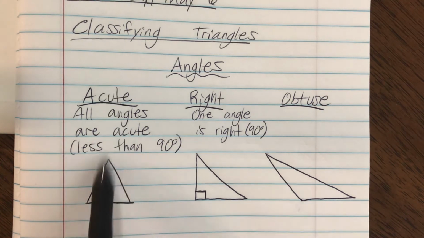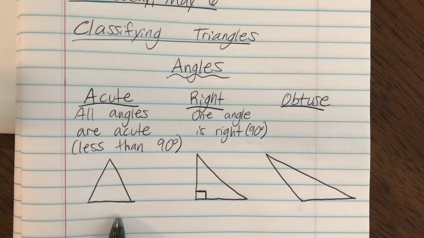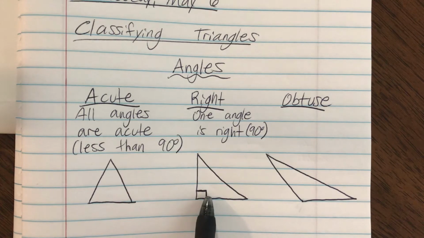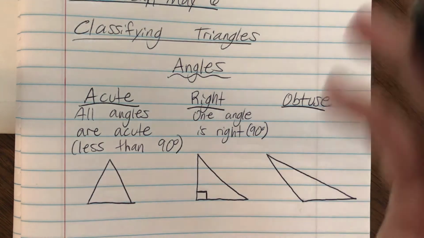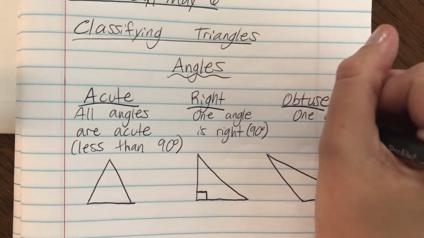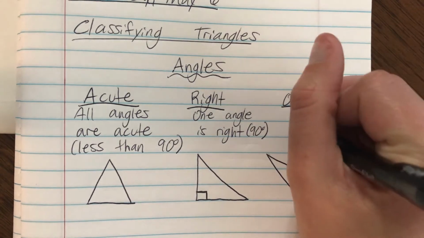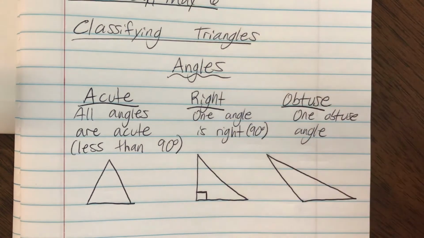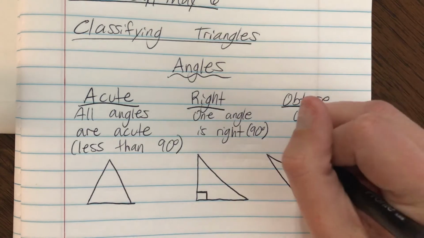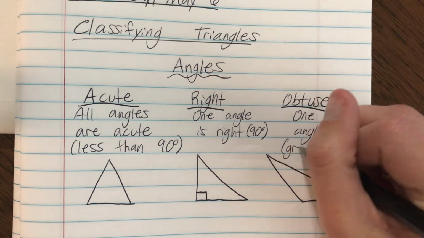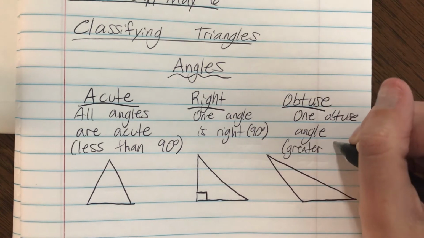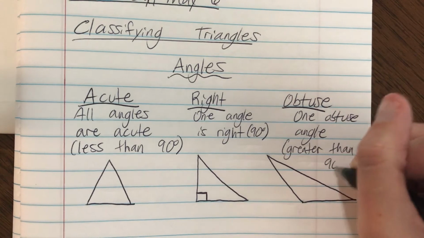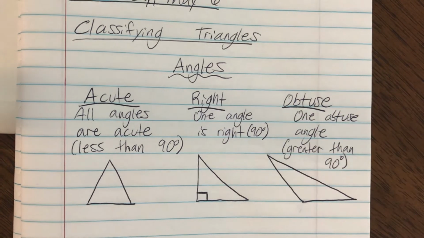As long as it has all acute angles, it's always going to be acute. If it has that one right angle, it's going to be right. And if it has one obtuse angle, it's going to be obtuse. That obtuse angle is going to be greater than 90 degrees, one of those bigger angles.